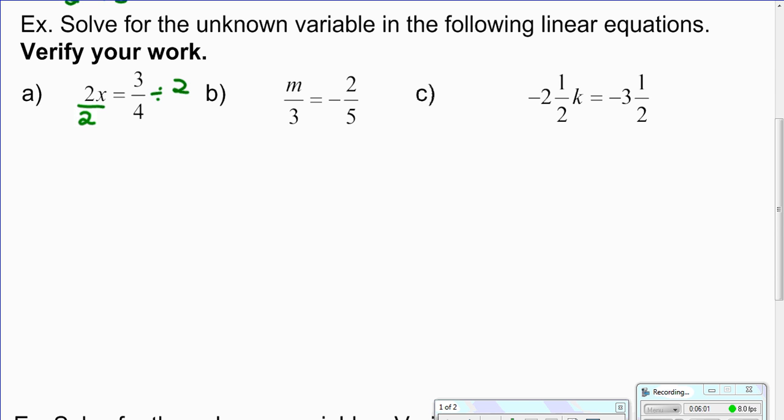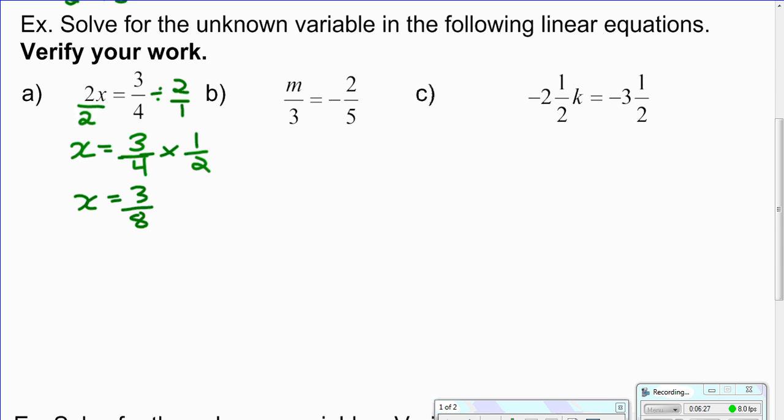So if you remember what we did just above, in order to divide a fraction, it's the same as multiplying by the reciprocal. So 2 divided by 2 leaves us with 1x. On the other side, we have 3/4 times 1/2. So x equals 3/8.